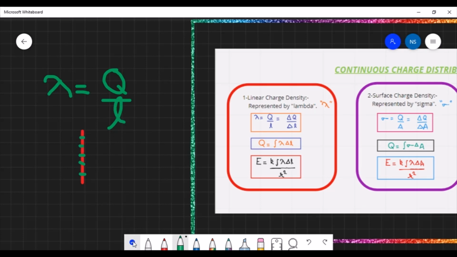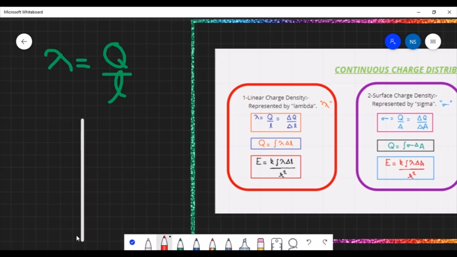this line. So let us take this line over here. The line is infinitely long, that is, it extends up to infinity from both sides. On that line there are charges distributed all over it.